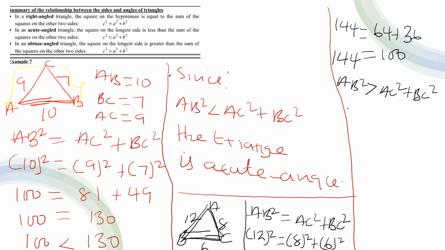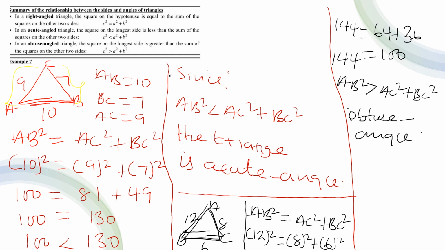Therefore the longest side squared is greater than the sum of the squares on the other two sides. So therefore our triangle has an obtuse angle, right?